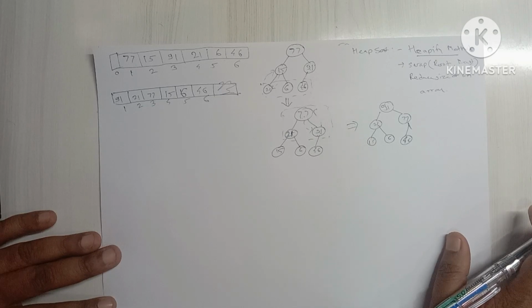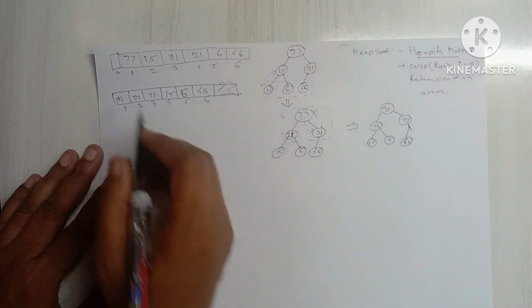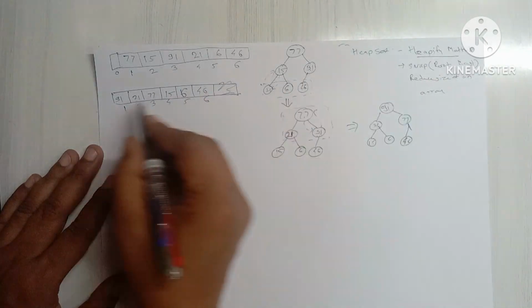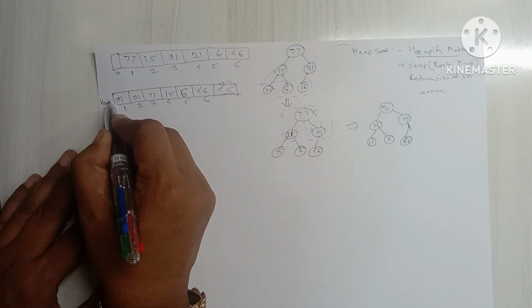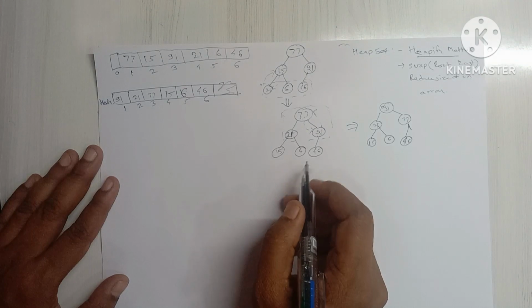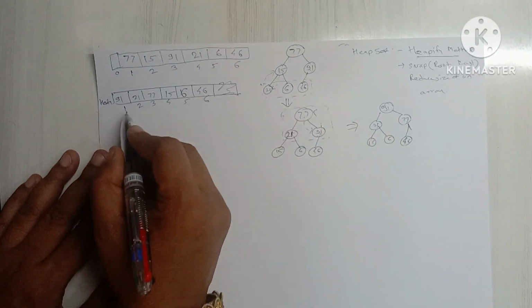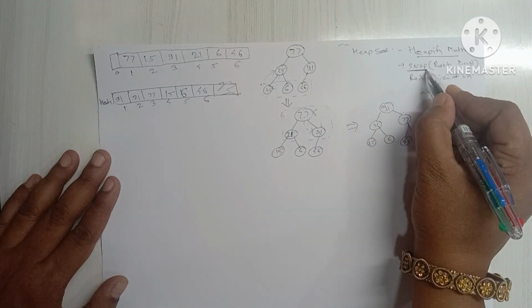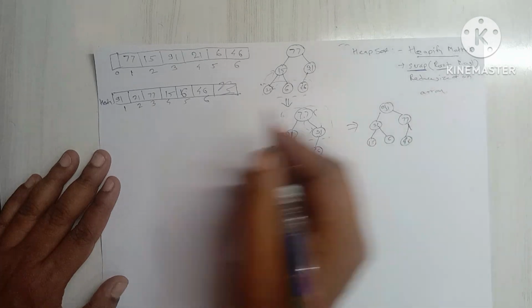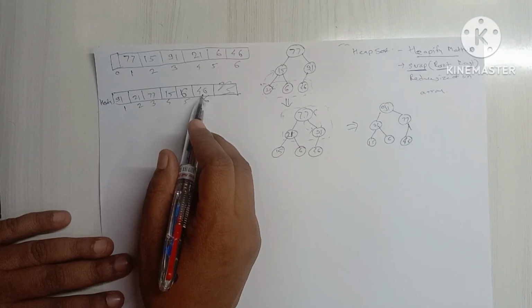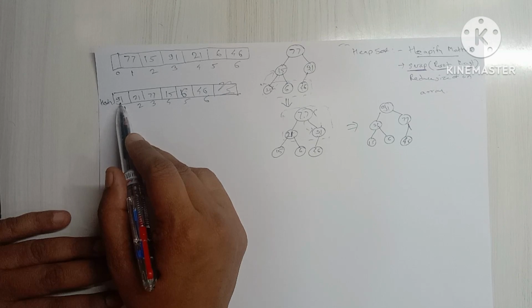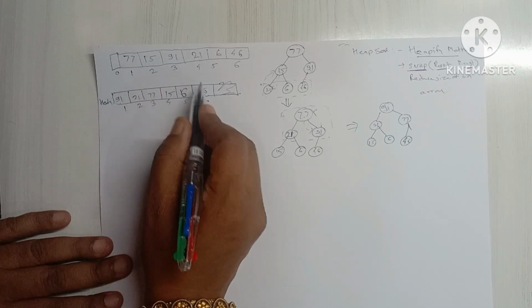This is the heapify method we have applied to find the max heap. Now we need to perform swapping on the root and the last node. The last node is 46 and the root node is 91.